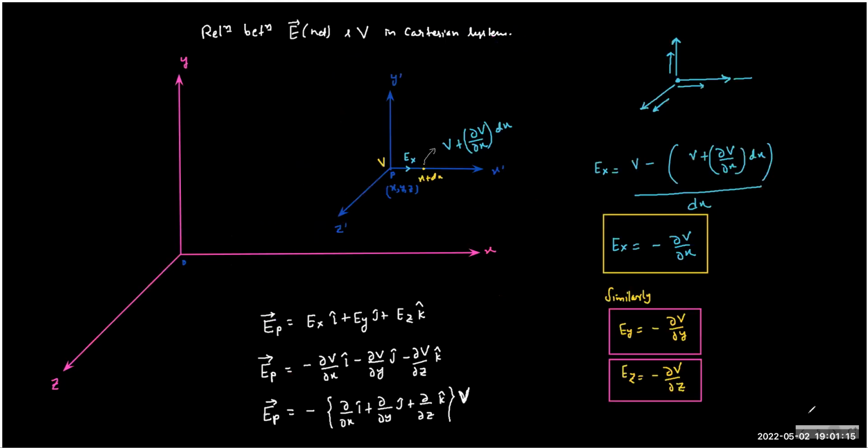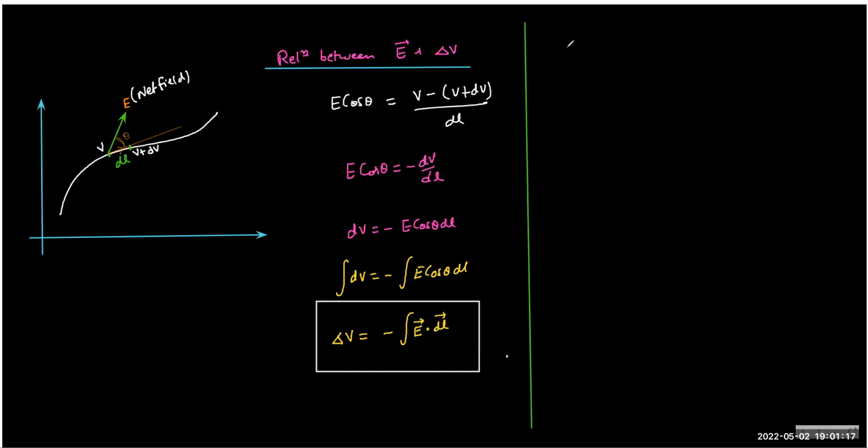Why should E be perpendicular to the equipotential surface?